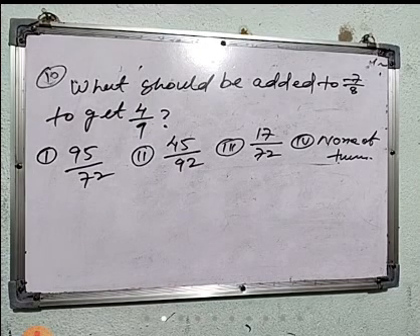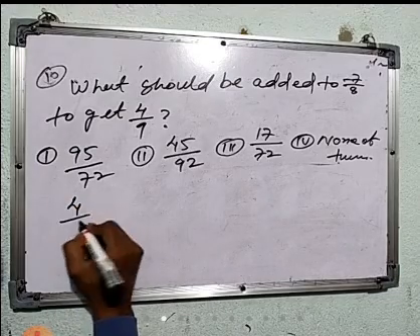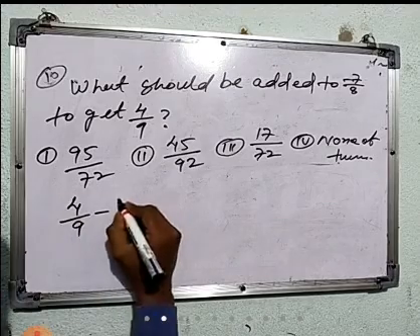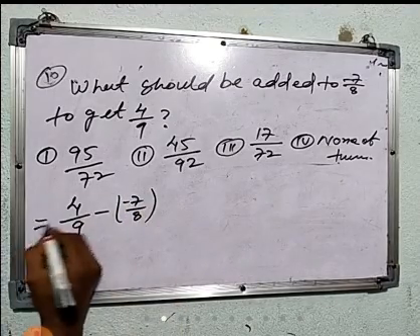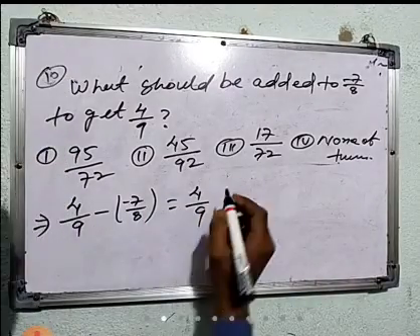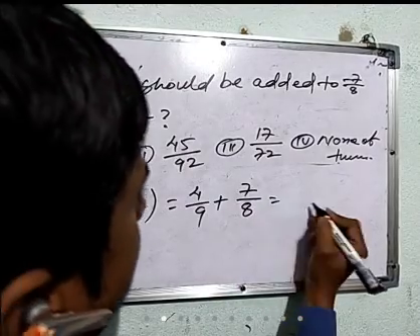So here you see, what should be added to minus 7 by 8 to get 4 by 9. So first you write the getting number 4 by 9 and subtract the other number, minus 7 by 8. So you write 4 by 9 and minus becomes plus, so here you write plus 7 by 8. Find the LCM.